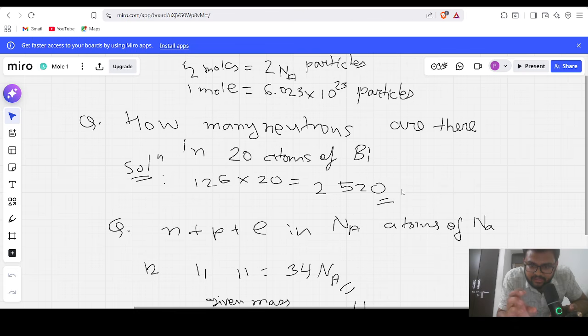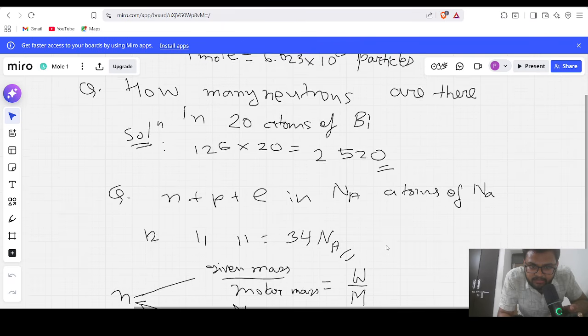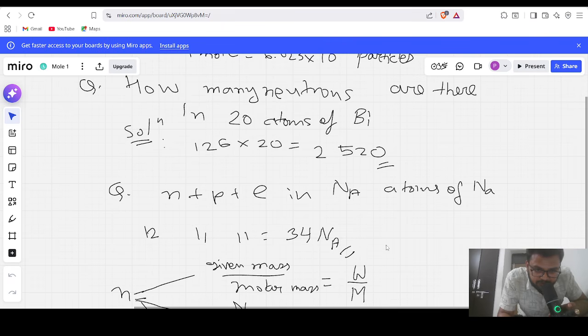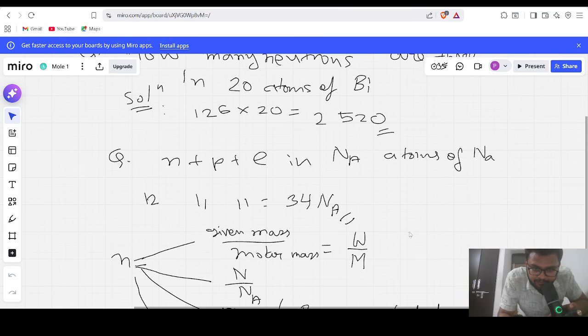We know that the mass number is the number of neutrons plus the number of protons, and electrons revolve around the nucleus. Another question: the number of neutrons plus protons plus electrons in Na atoms of sodium.